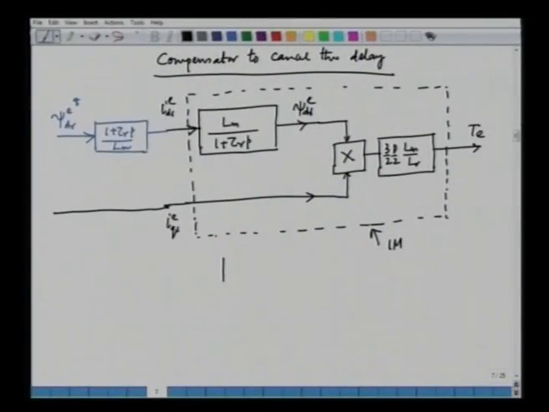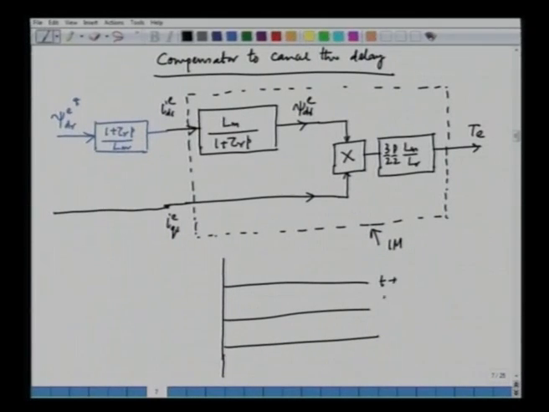So, if we see the response here, in this case, this is our time axis, and let us say we have given a step change like this in this psi dr star, and the torque component of the current is constant.